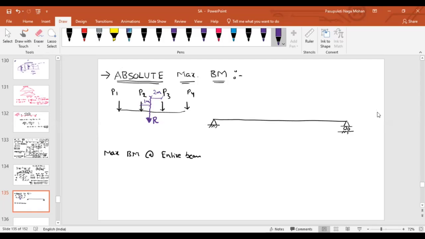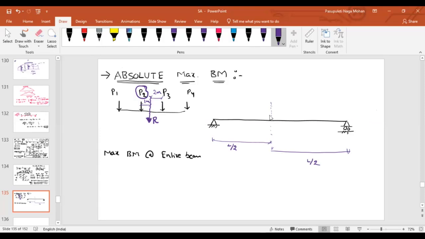Now, after finding the resultant and the adjacent load, what we have to do is first find the center point of the beam. If the total length of the beam is L, this is L by 2 and this distance is L by 2. Now what you have to do is place P2 and R in such a way that they are at equal distance from the centroid.